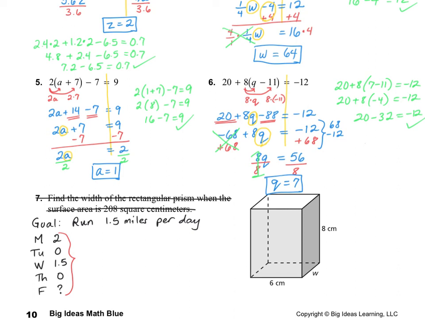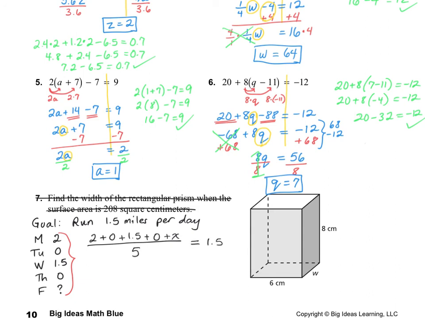So what we're going to do is add 2 and 0 and 1.5 and 0 and the unknown, I'm going to use an x, all divided by how many days there are that we're counting. 1, 2, 3, 4, 5. So there's going to be a division by 5. Now we want it to equal 1.5.